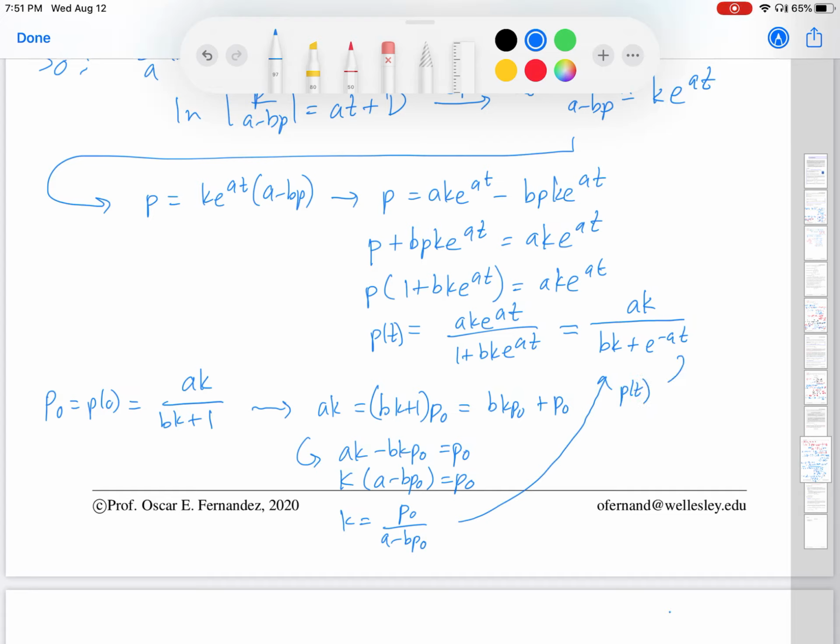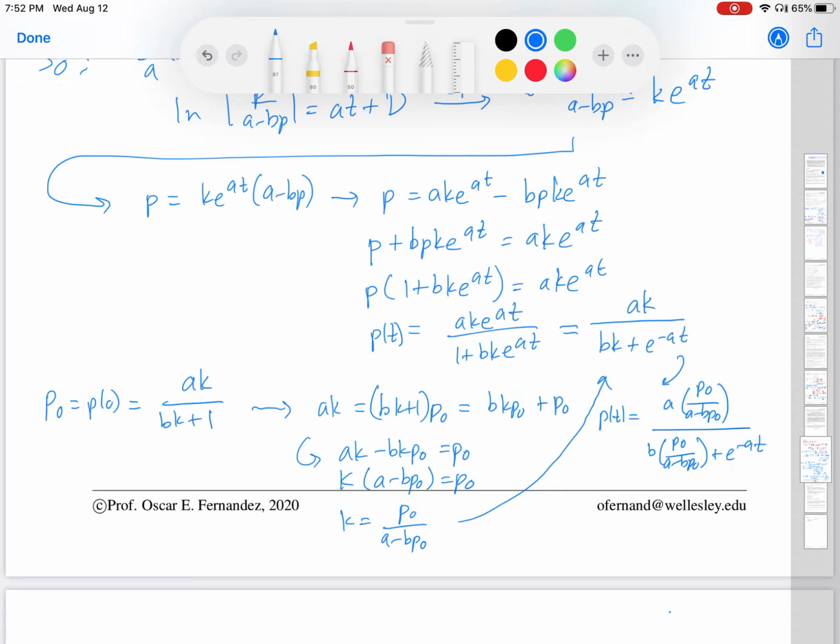So insert it in there, and we get p of t equals a times p0 minus a minus bp0 divided by b times p0 a minus bp0, plus e to the minus at.